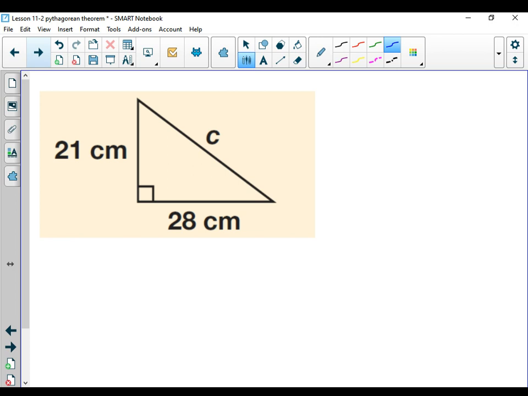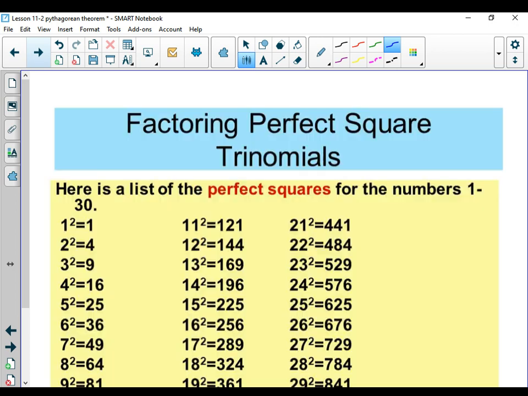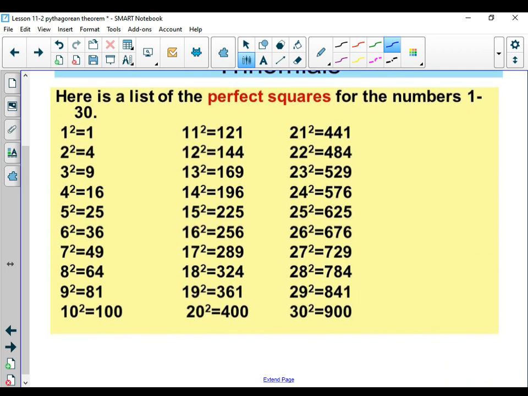I'm about to help you with this one. Are you setting it up? 21 squared, 441. 28 squared, 784.